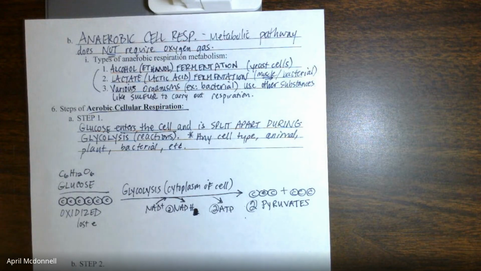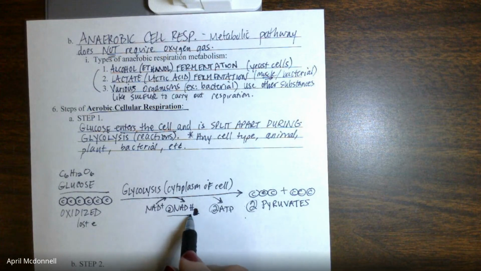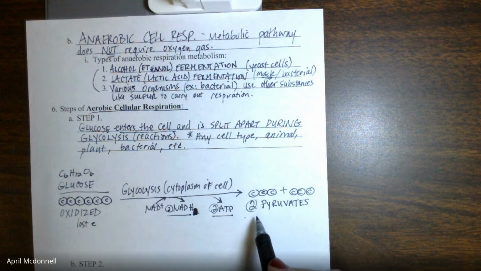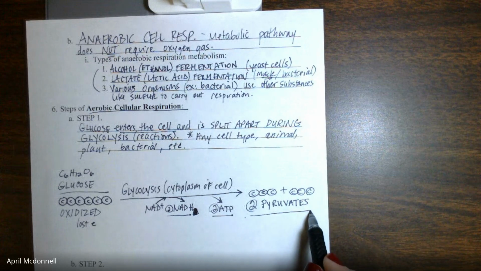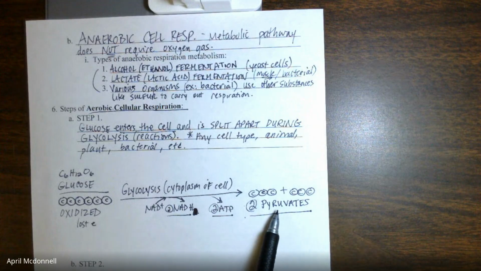So after glycolysis occurs in the cytoplasm of the cell, we will have gained two NADH molecules, two ATP molecules, and two pyruvate molecules will be left over. The pyruvates still have a lot of energy tied up in the molecules.